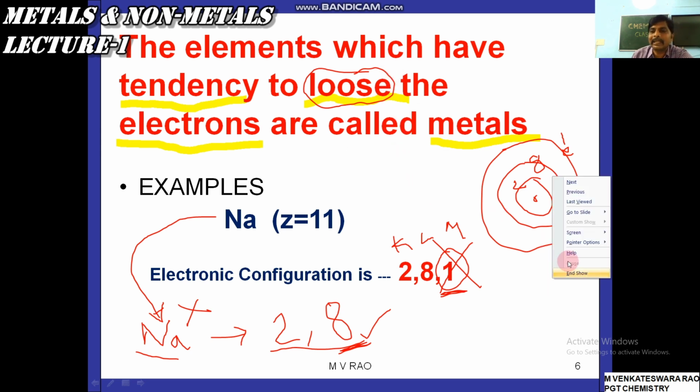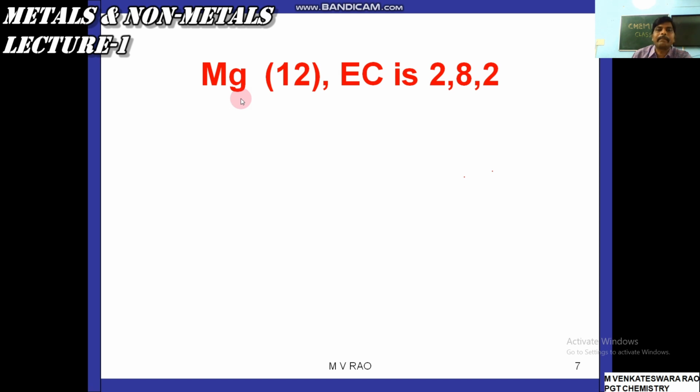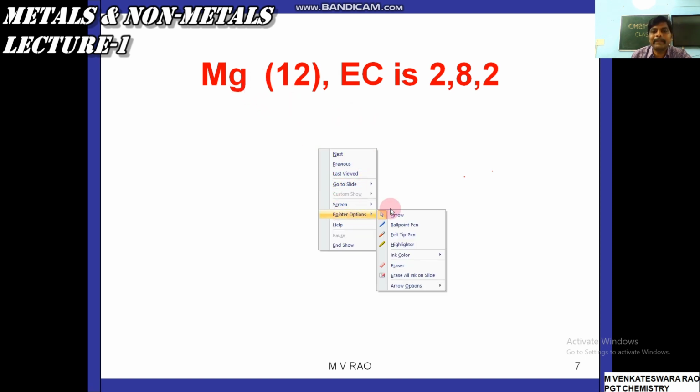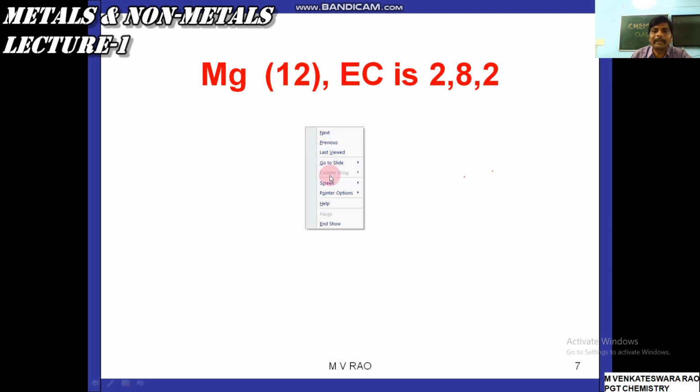These elements are called metals. Now you see one more element, magnesium. The atomic number of magnesium is 12. So what is the electronic configuration of magnesium?